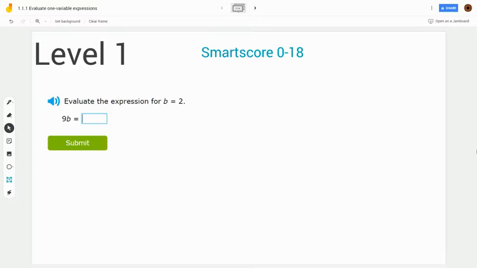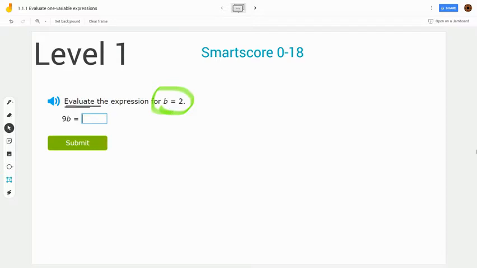To evaluate means that we are trying to get a single number answer in the end. In this example, b is equal to 2. So b is our variable, and we are going to replace it with the number 2.